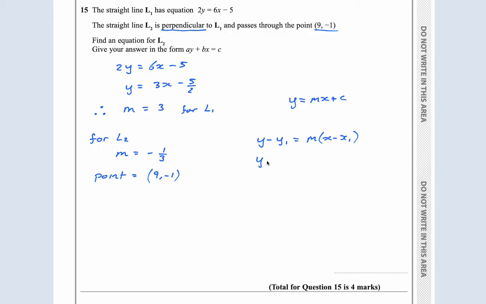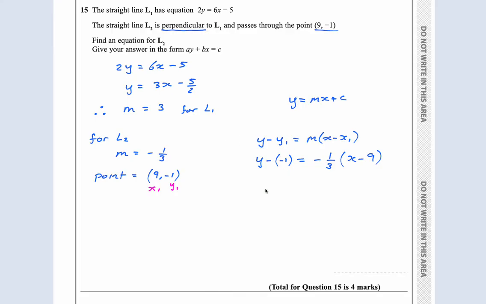So I have y minus y1, which is -1. So be super careful, guys. This is x1, y1. It's minus -1, which is going to be plus eventually, so be very, very careful. Equals m, this m, which is minus a third, into x minus 9. Okay.